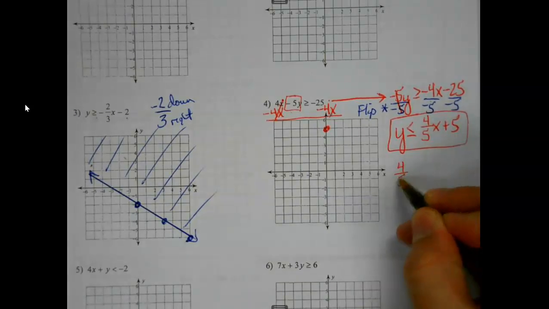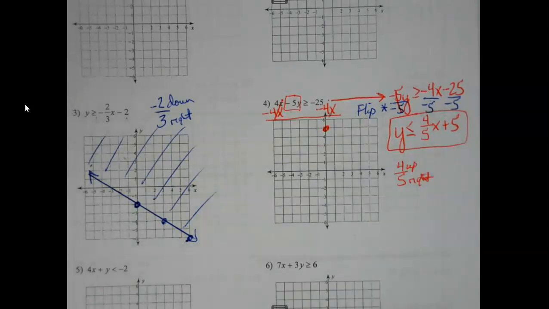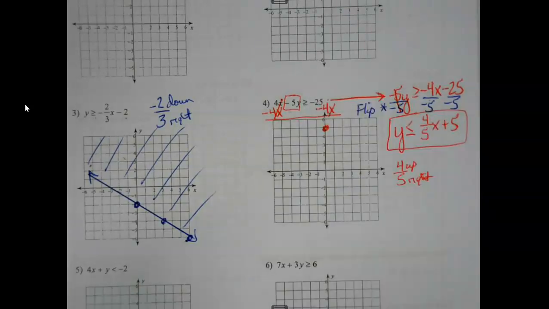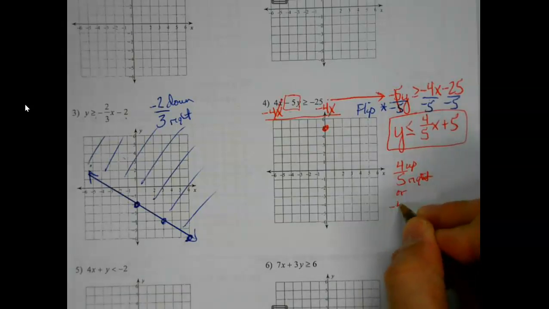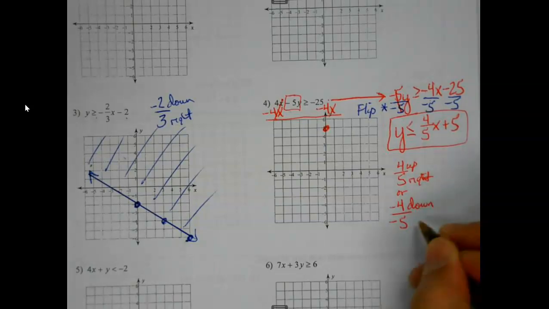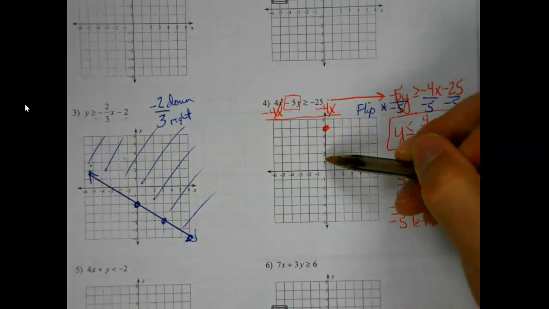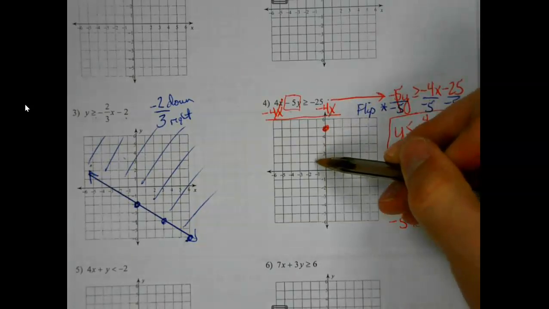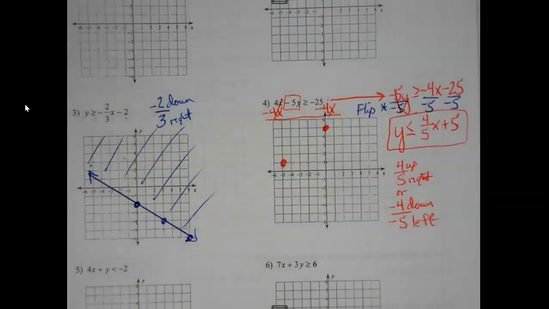Normally, I'd go up 4 and right 5 right now. But instead, I don't have room to do that. So in this case, I'm going to change the signs on both of these, which is perfectly legal. And I'm going to go down 4 and left 5. Now, I'm not going to get my third point. That's a little disappointing, but that's okay.